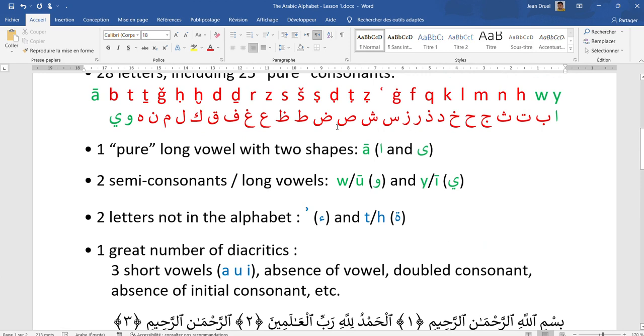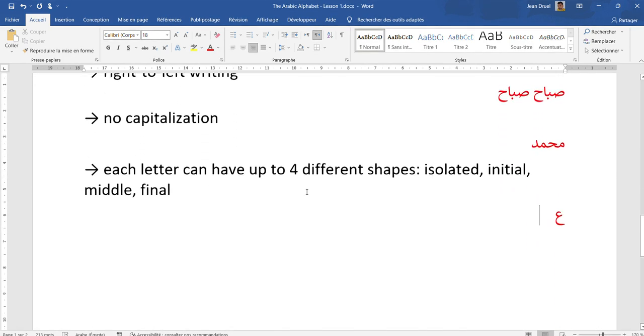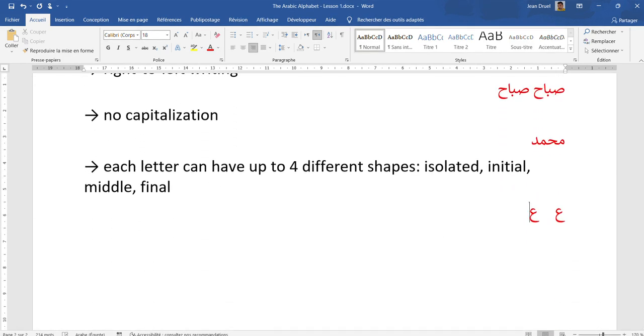Here, you have the isolated shapes. So this is the one I just typed. Then you have the initial shape. So I'm connecting that letter to the left, and then it changes the shape. What changes is that this, which is called a tail, is removed, just the head is kept. So I keep the head and I remove the tail, and I get that result.